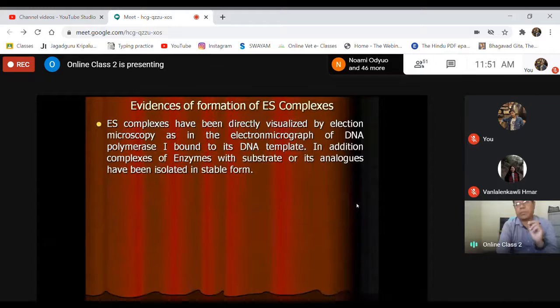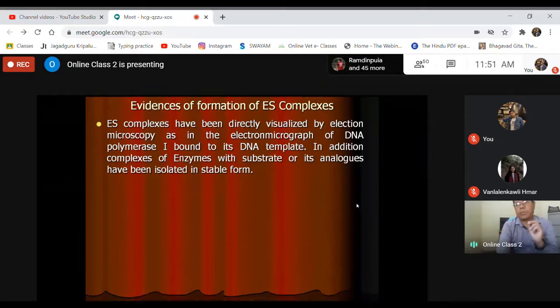The third evidence comes from electron micrography. Enzyme-substrate complexes have been directly visualized by electron microscopy, as in the electron micrograph of DNA polymerase I bound to the DNA template.